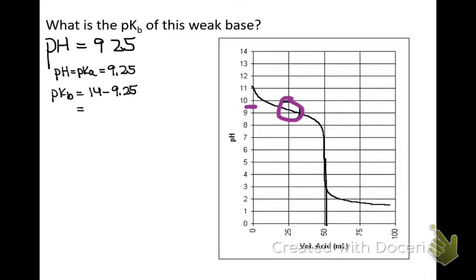So if we do that, we find out that the pKb is 4.75. And so again, we need to subtract from 14 because this axis is pH. So pH is going to give us pKa. If we were plotting the pOH, then it would give us pKb, but that would be a different experiment that we basically never do.